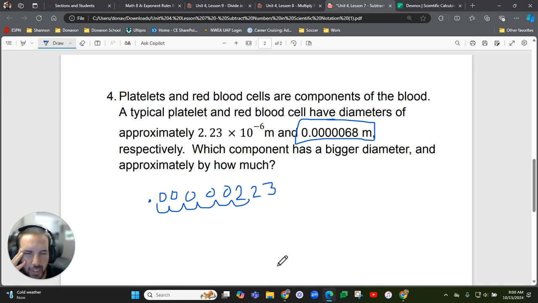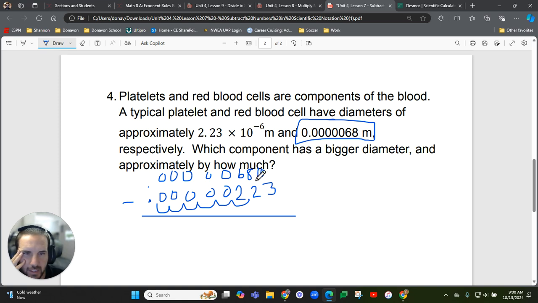Okay, and then by how much? So we're just going to take the two numbers and subtract them, because that says by how much. So 0.00000 0.0068. We're just going to add a 0 in here just for fun. Okay, so I'm just going to do this one the old school way.